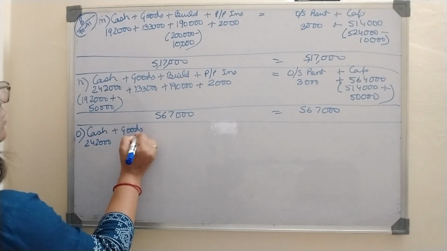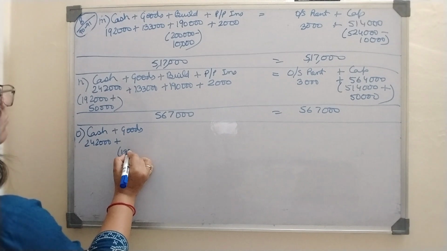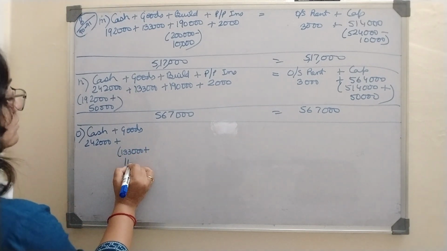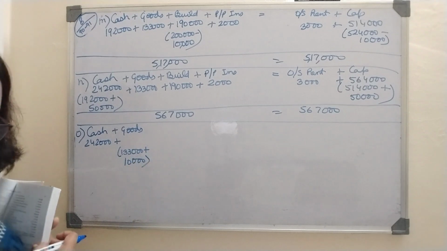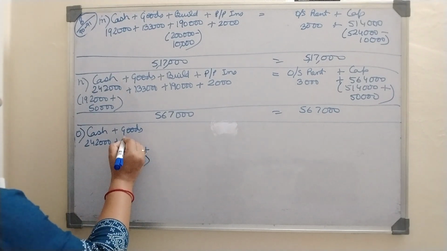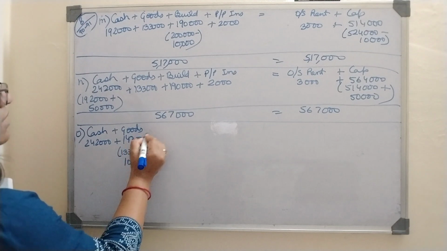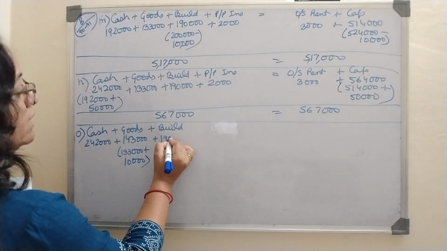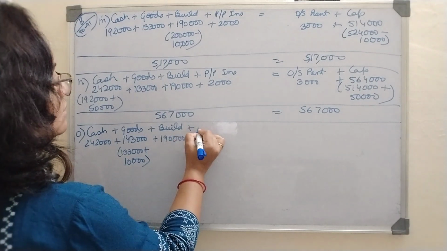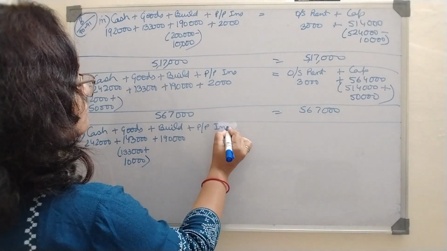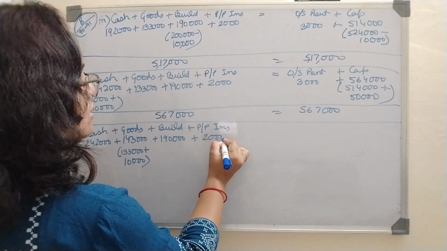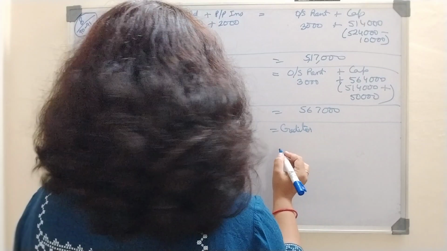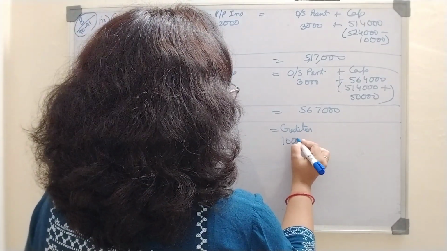Goods are purchased, so 1,33,000 plus 10,000 makes it 1,43,000. Building will be 1,90,000. Prepaid insurance will be 2,000, and we have our creditor. Creditor is 10,000.